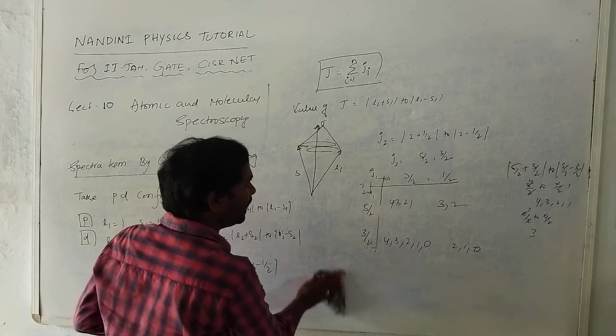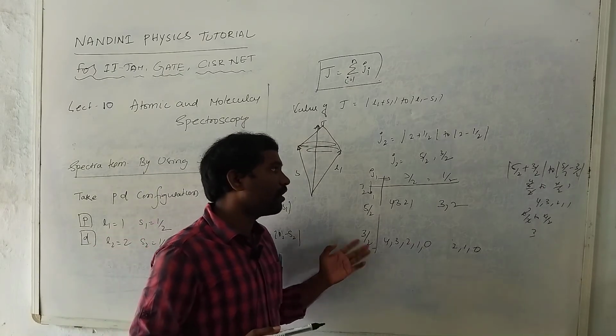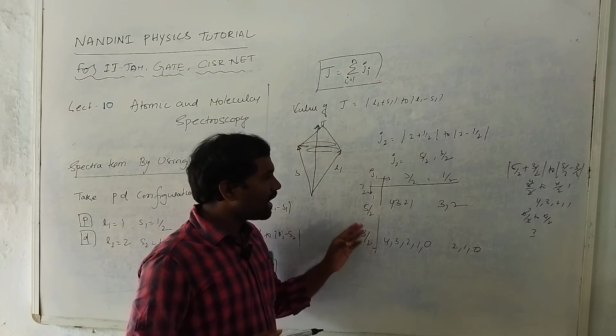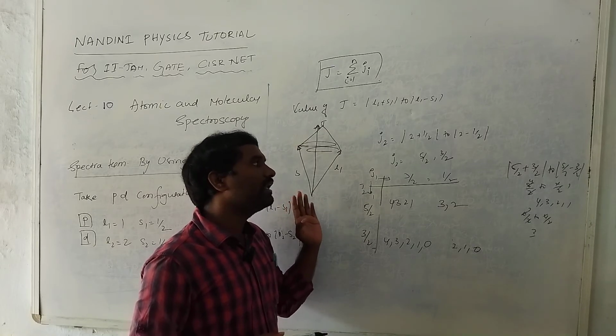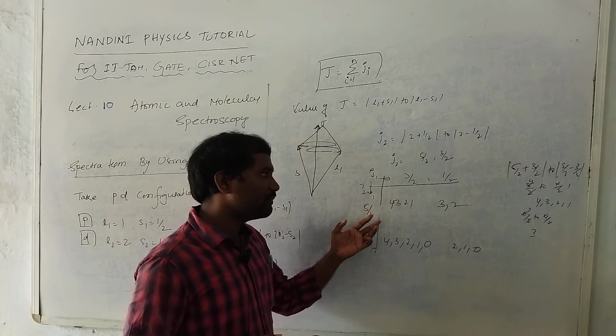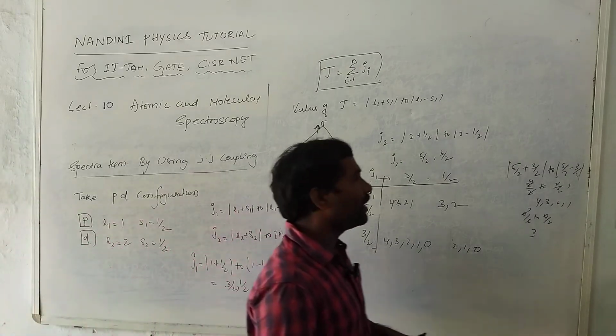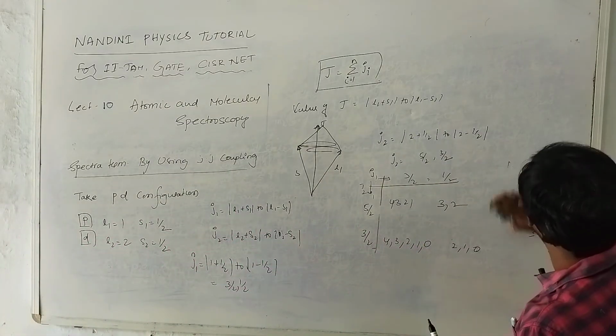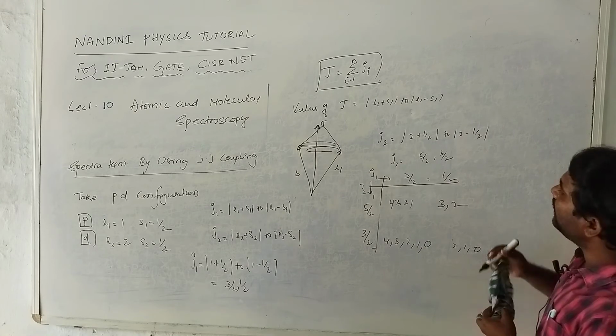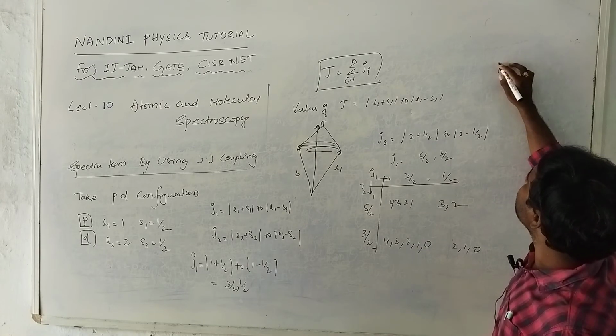How do we find the spectral terms? I am using the same method as in the non-equivalent case. Now I use the same technique to find the spectral terms. Finally, let's write the spectral terms.